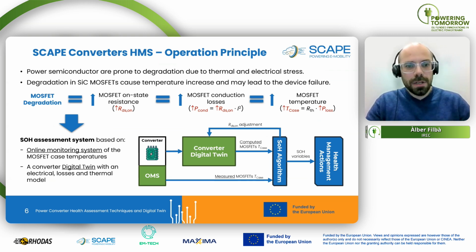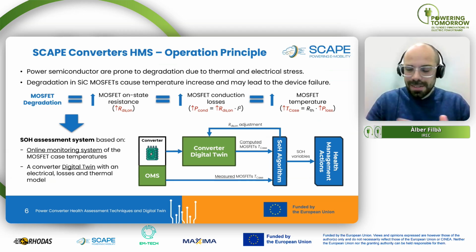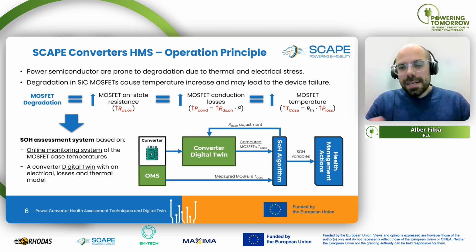More specifically in SCAPE, the types of power semiconductors that we are using are two. One is the silicon carbide MOSFETs, and the other is the gallium nitride MOSFETs. One for the high voltage switching cell, and the other one for the low voltage switching cell. In both cases, the degradation of these transistors, let's call them MOSFETs as a more general term, leads to an increase of their on-state resistance.